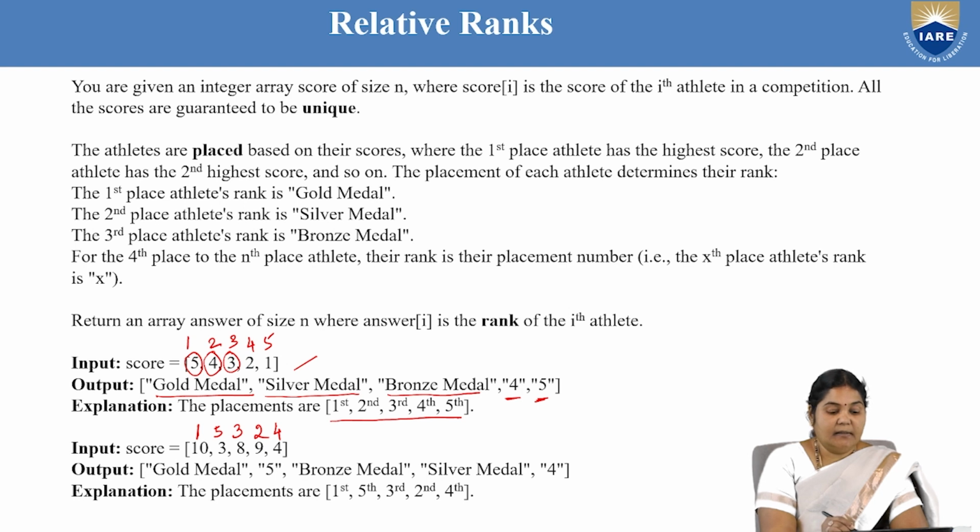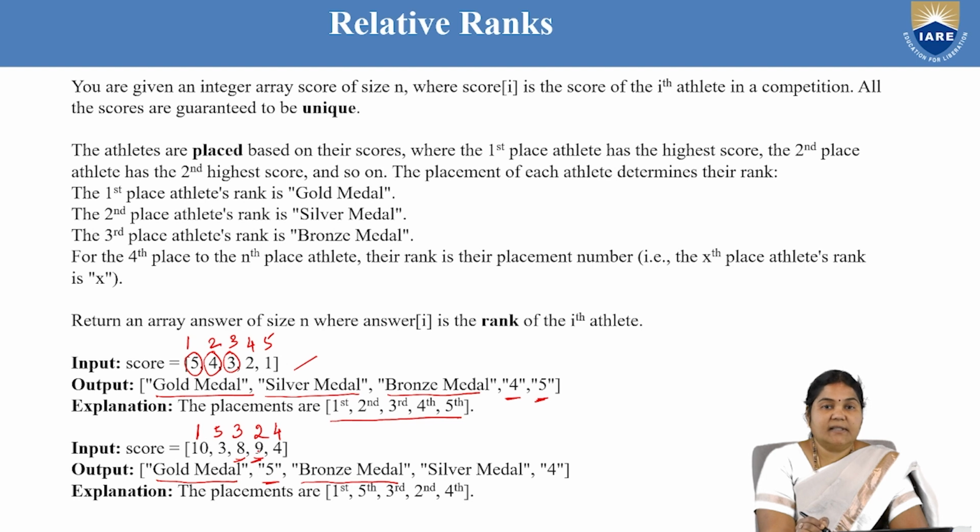Then in the output, how do we prepare the answer array? For the first athlete, the high score is 10, so you should write their rank as gold medal. But it should be in the order of the original scores array. The second athlete has the score 3, which is the fifth place according to their score, so you should write 5. For the third athlete, the score 8 is the third highest, so you should write bronze medal.